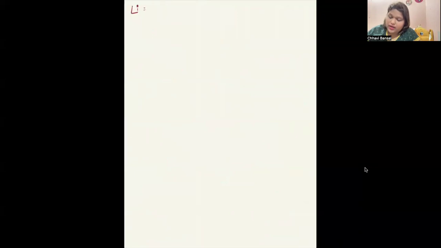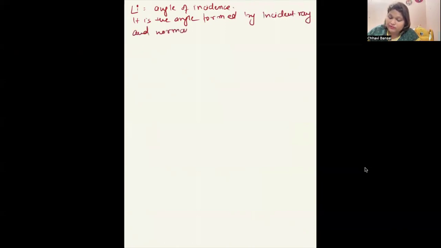Angle I is called the angle of incidence. It is the angle formed by the incident ray and the normal. Whereas angle R is the angle of reflection.